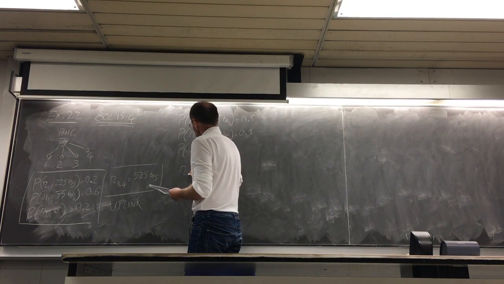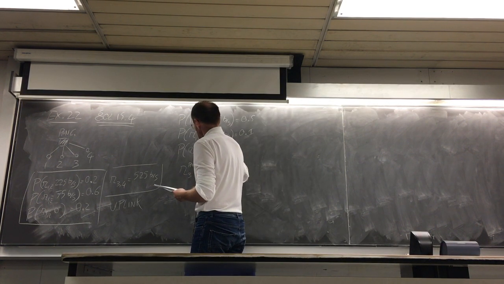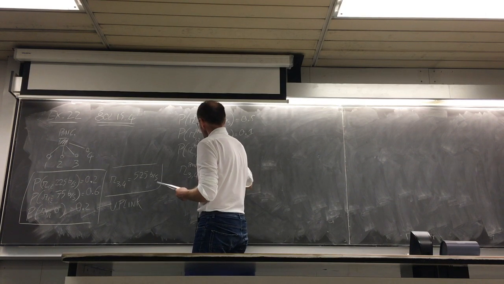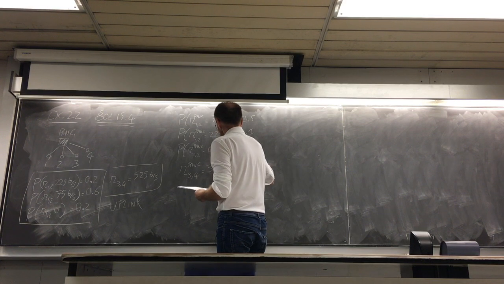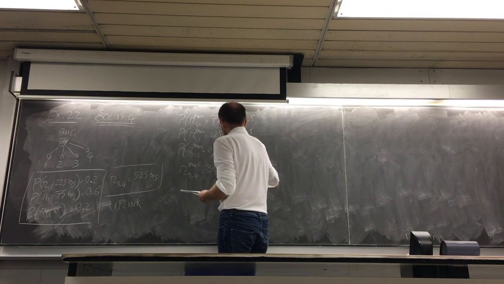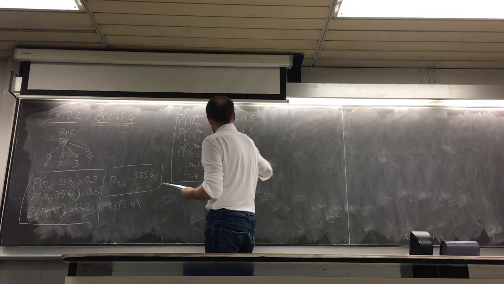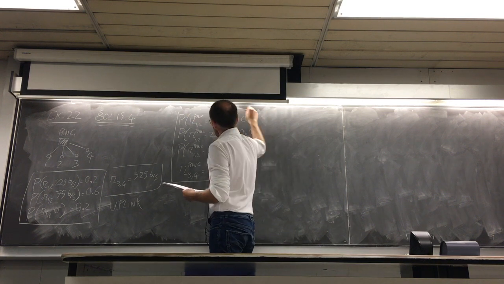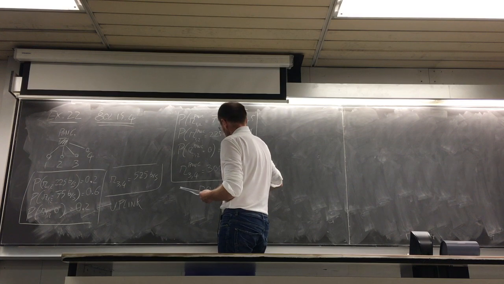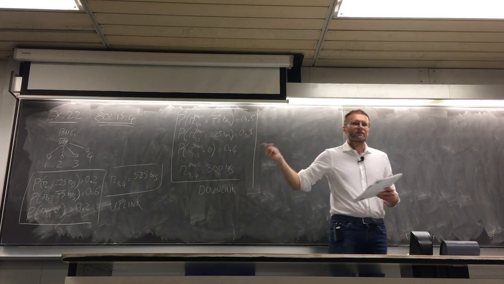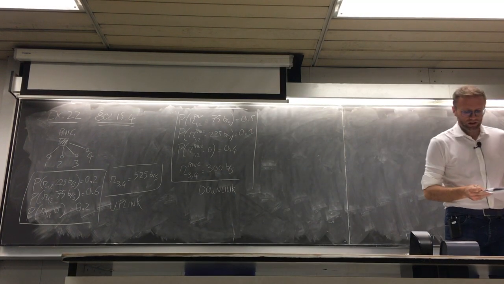Then the rate from the PAN coordinator to nodes 3 and 4 is deterministic and it's 300 bits per second. And this is the downlink. Uplink left hand side, downlink right hand side.